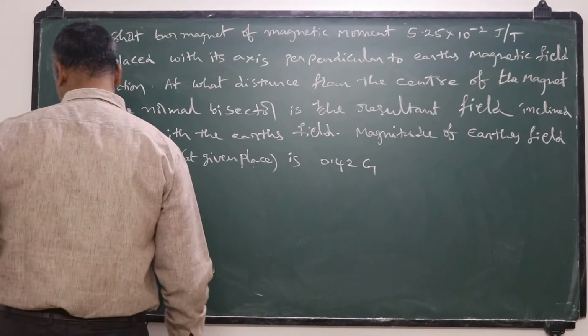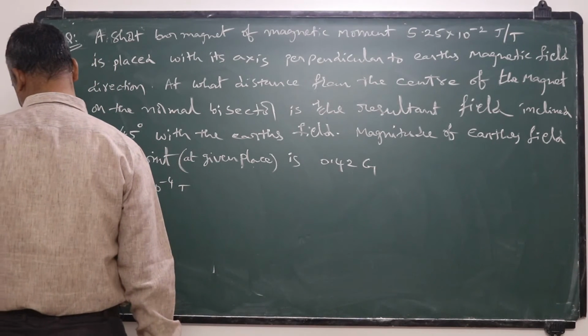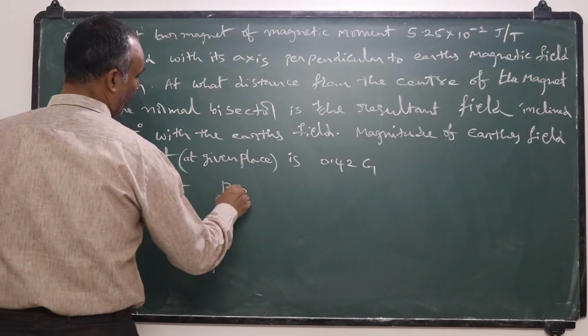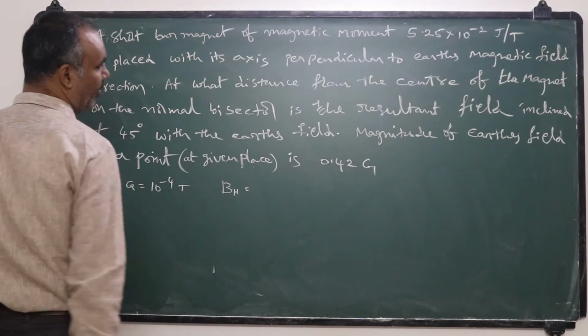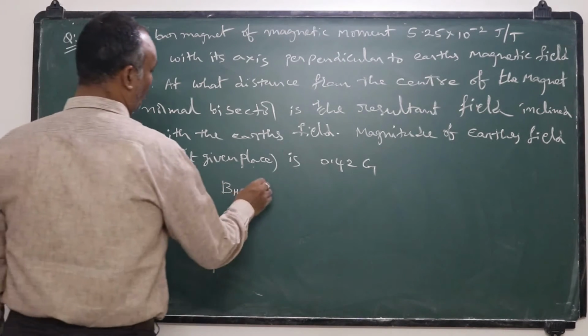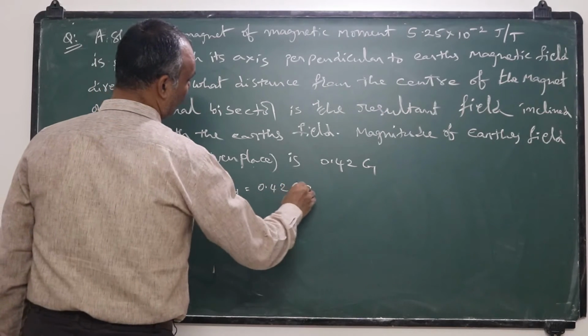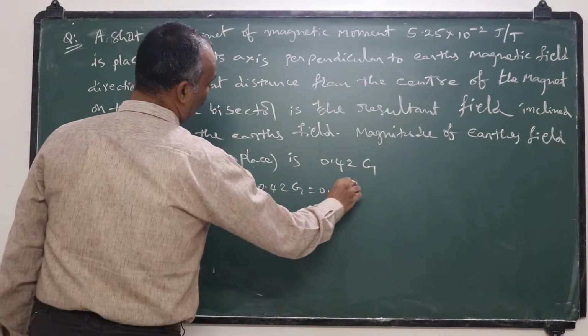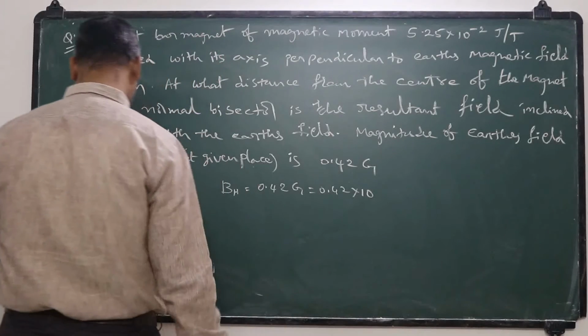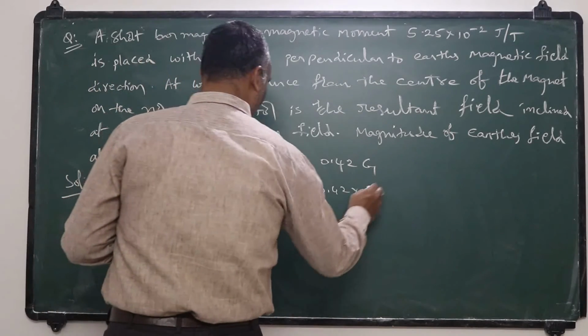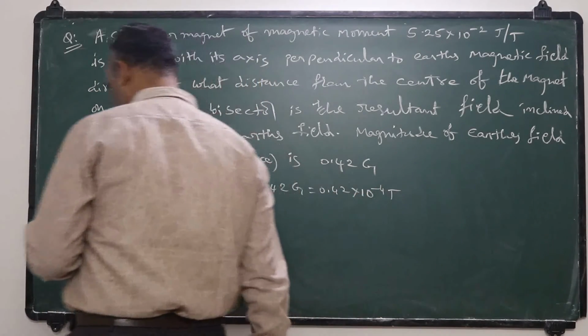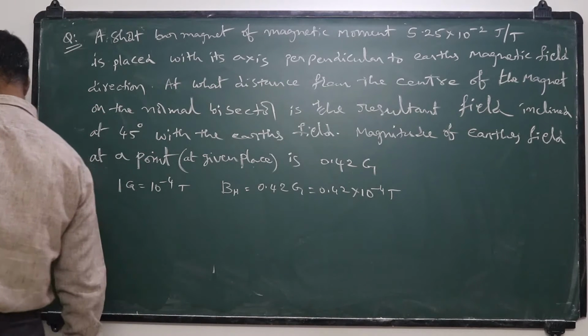Magnitude of Earth's field, let it be BH, 0.42 Gauss, that is 0.42 into 10 power minus 4 Tesla.